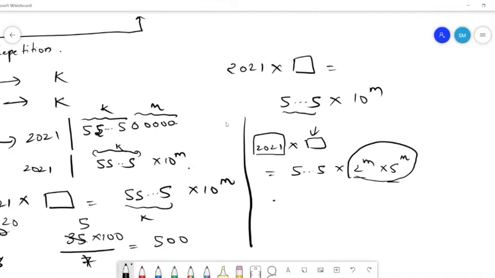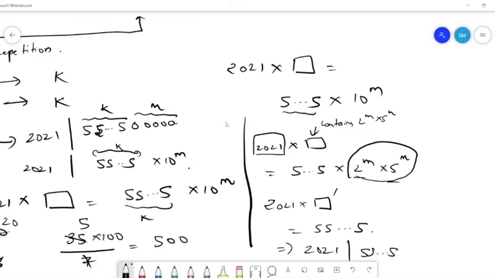Going step by step, let us remove this 2 power m into 5 power m from both sides. So we'll have 2021 into something dash is equal to 555. I've divided by 2 power m into 5 power m on both sides, and this shows that 2021 actually divides it.